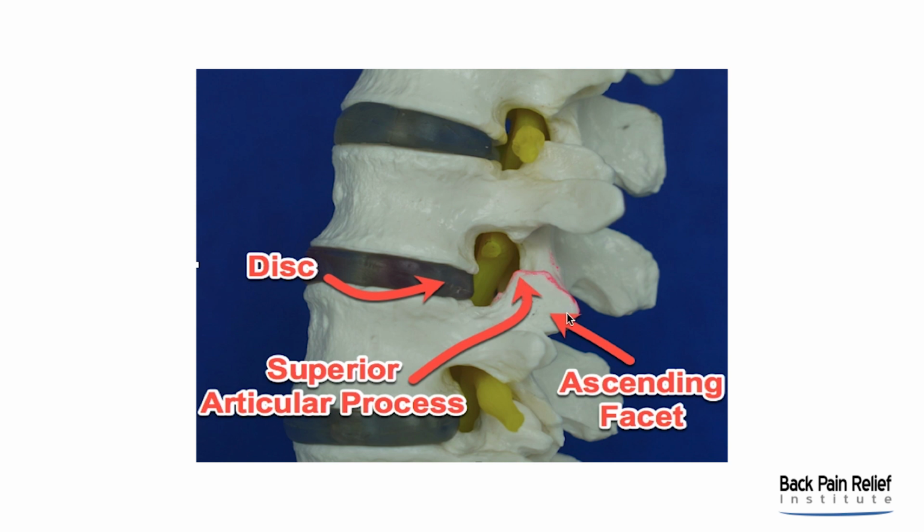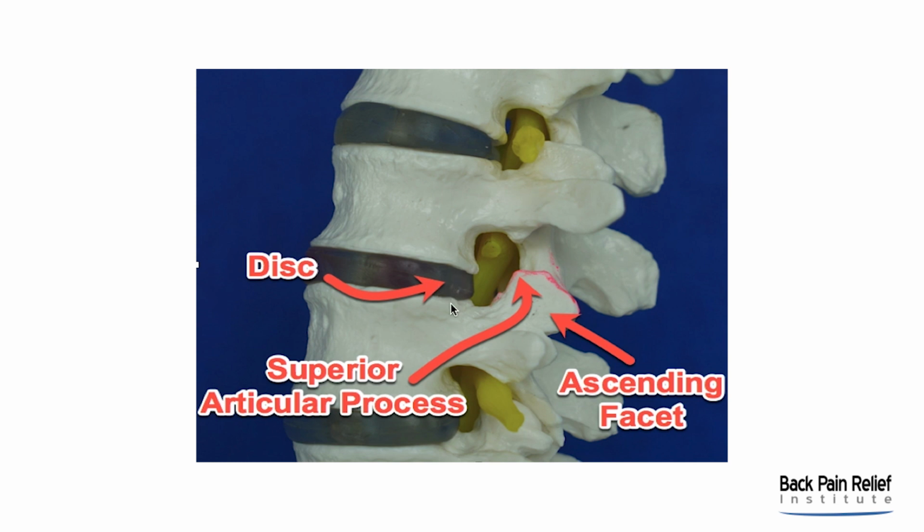So this structure is the ascending facet. The tip here is the notorious superior articular process, or SAP. I'm just going to show this nerve is removed right here, so it's a little bit difficult to interpret, but if we look at the level above, you can see where this piece of bony edge could dig into this nerve root as it exits the foraminal canal.